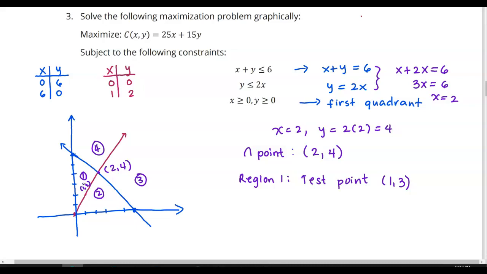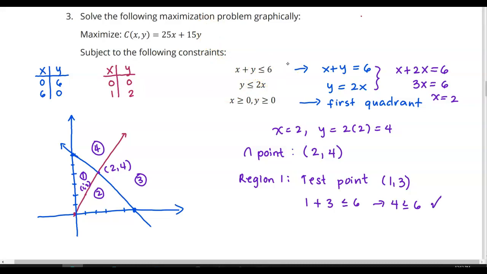Now let us check if this point 1, 3 satisfies both of these inequalities. If x is equal to 1 and y is 3, we have 1 plus 3 less than or equal to 6. 1 plus 3 is 4. Is 4 less than or equal to 6? Yes. So the first inequality is satisfied.